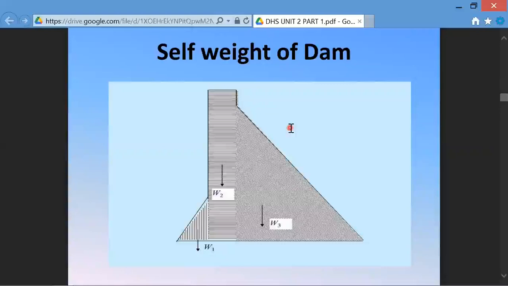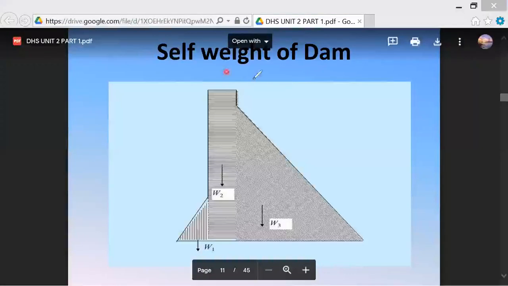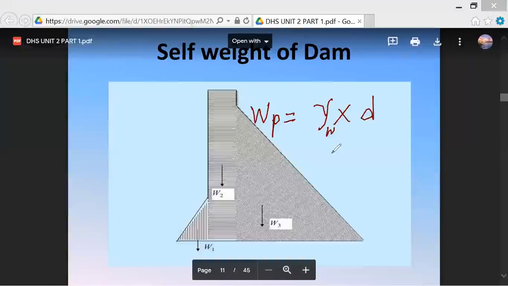If you want to calculate the pressure, such as the water pressure, then you multiply the density, that is gamma W, the weight density, with the depth, that is T, then you will get the water pressure.